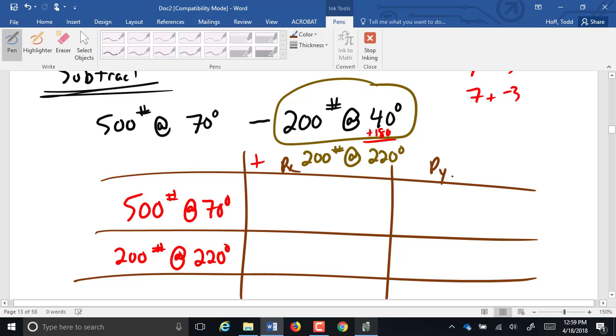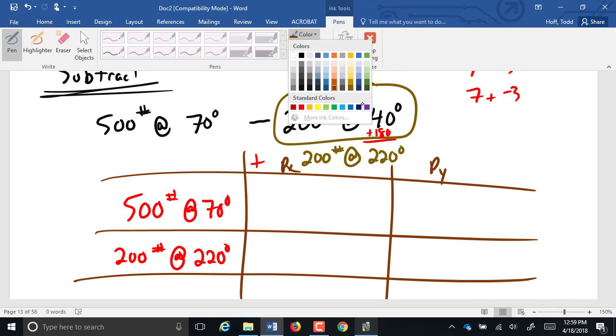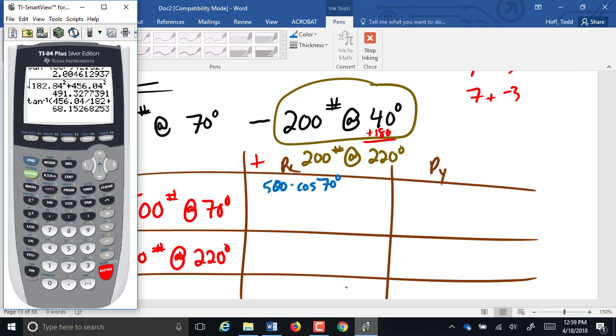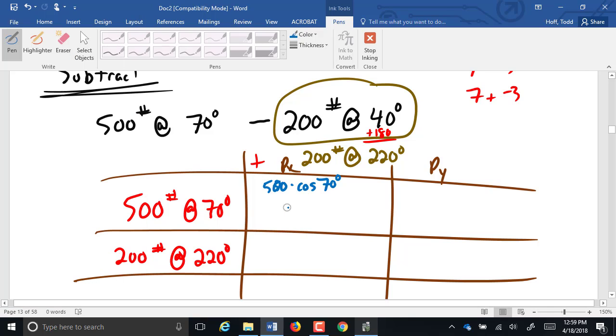Px, Py. So Px for 500 is going to be 500 times cosine of 70, which gives us 171.01.